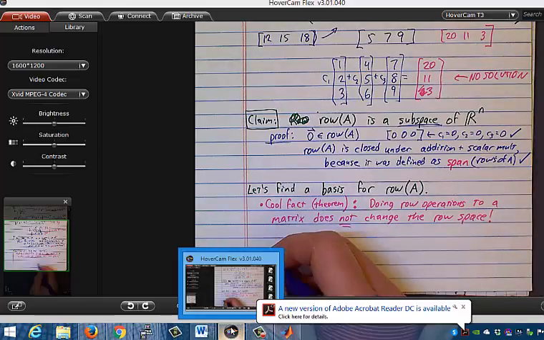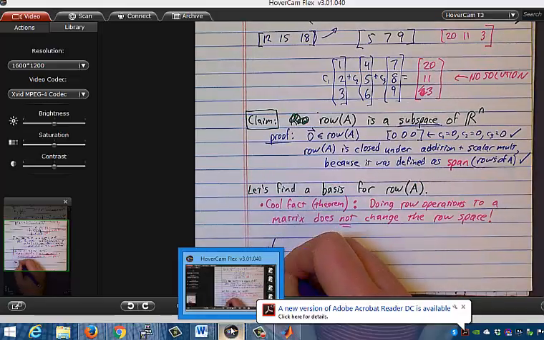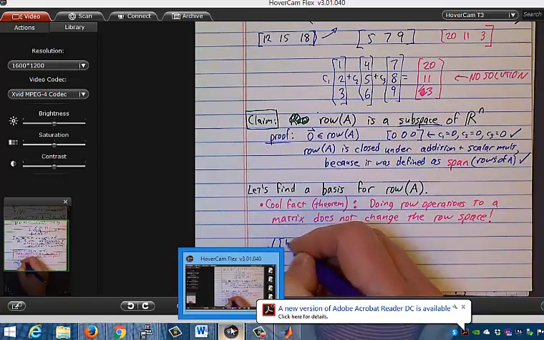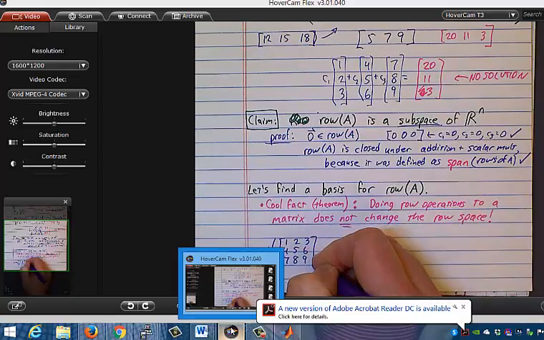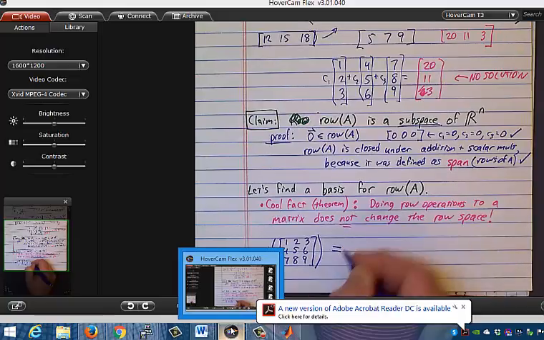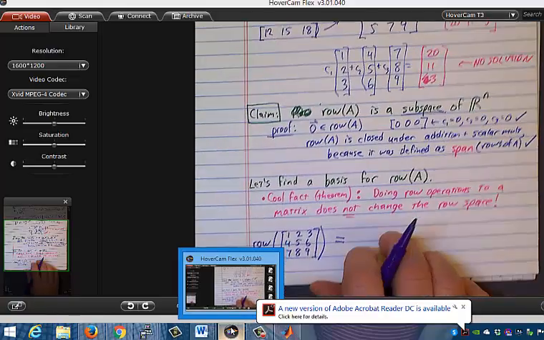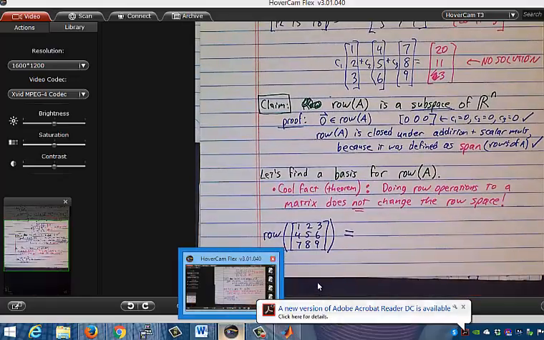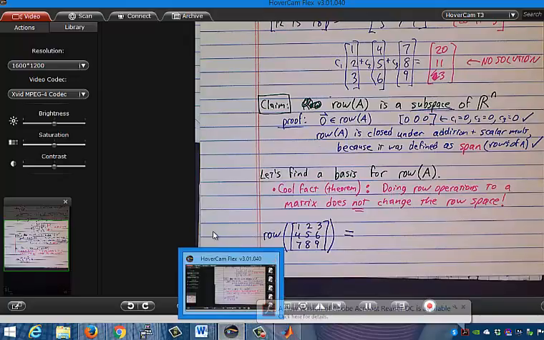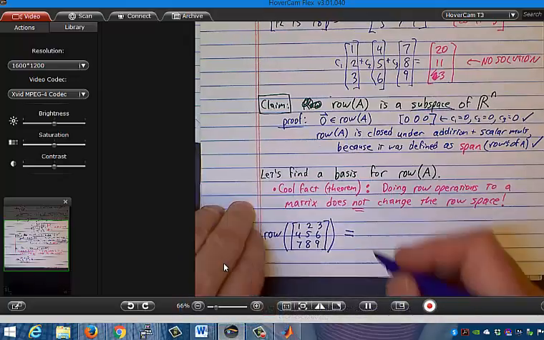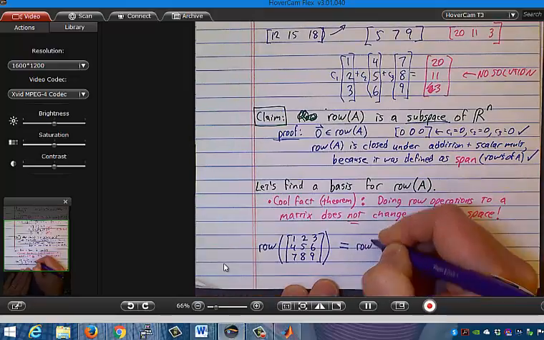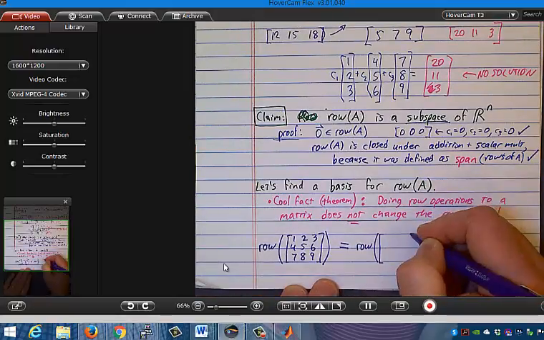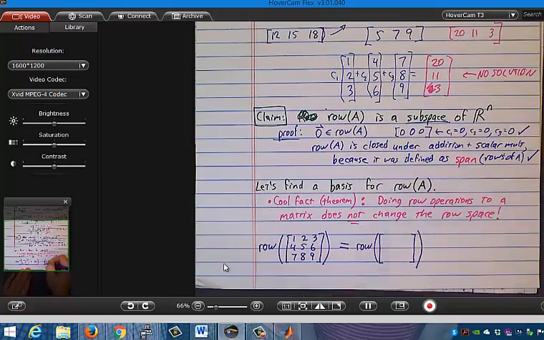I guess what I just learned is that the row space of my favorite matrix, 1, 2, 3, 4, 5, 6, 7, 8, 9, will be equal to, move that so you can see a little better, the row space of, let me do this, guys.